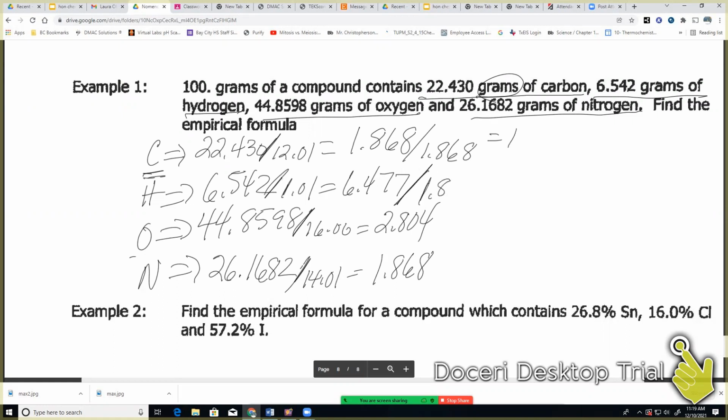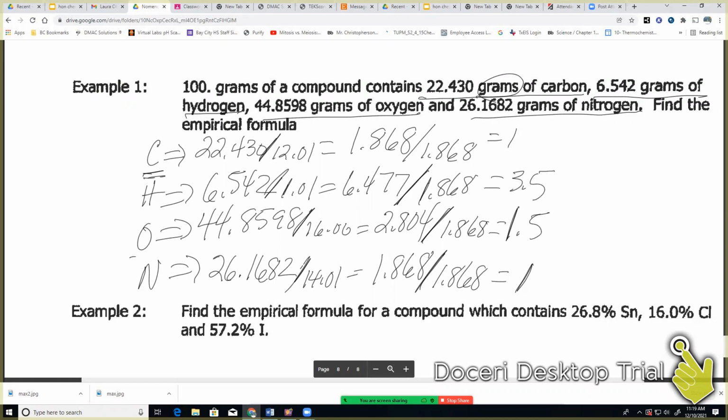So this is when I'm trying to get to my subscripts. It would be nice if these were all nice whole numbers. Save me a little bit of work. So carbon and nitrogen are easy. Hydrogen, I actually got 3.5, and oxygen, I got 1.5. So I can't have subscripts of 1.5 and 3.5.